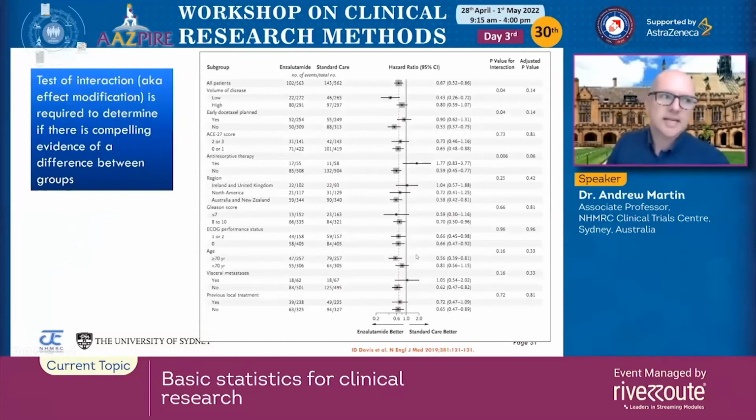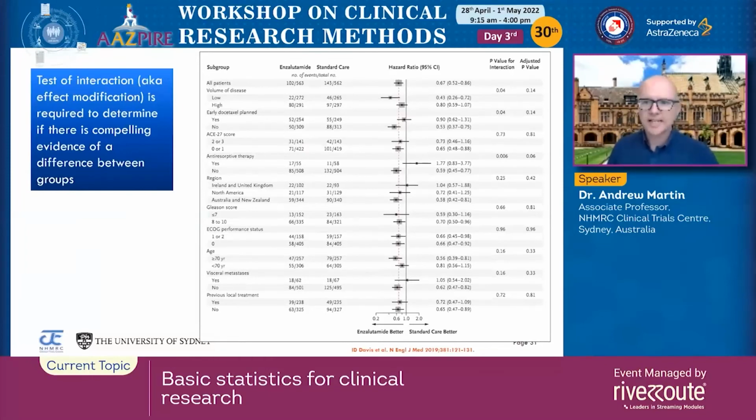So let's now see an example of an appropriately conducted set of subgroup analyses, and these come from a trial evaluating a novel potent anti-androgen versus conventional non-steroidal anti-androgens in men with advanced prostate cancer.